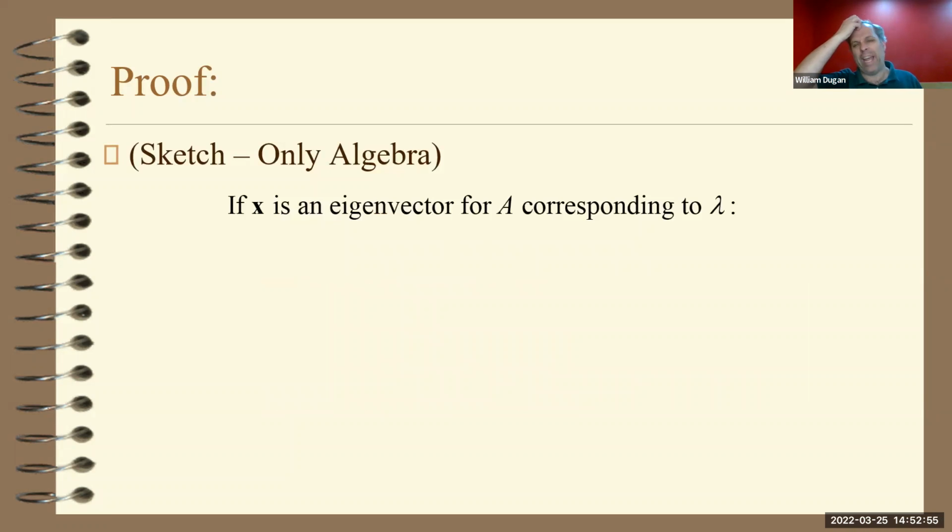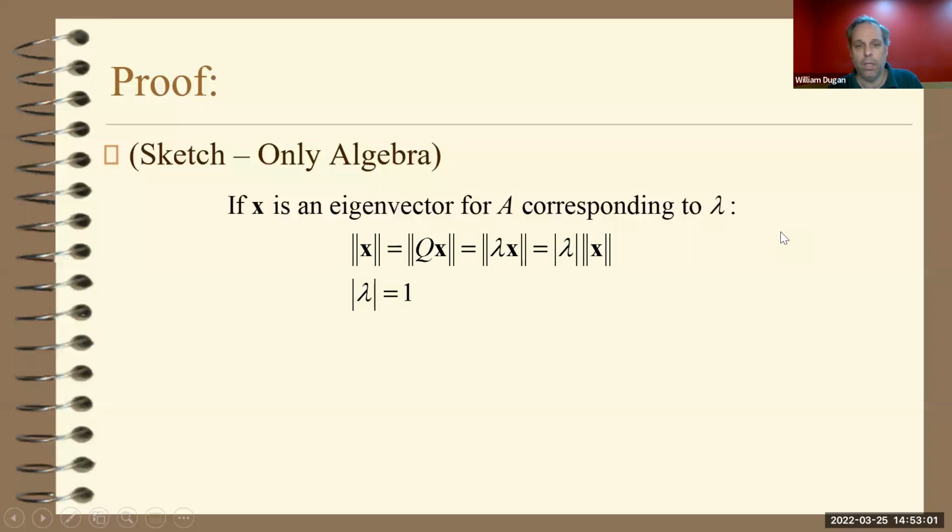Let's suppose you have some eigenvector for this particular orthogonal matrix corresponding to lambda. Oh, and that should be the matrix Q right here. Q, not A, Q. So then the length of the vector X is equal to the length of Q times X, because we know orthogonal matrices preserve lengths.